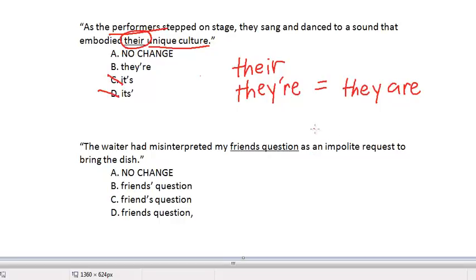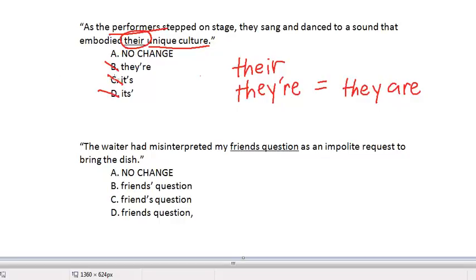So whenever you have a contraction, all you need to do is just plug in the full word into the sentence to see if it makes sense. So then we would get, as the performers stepped on stage, they sang and danced to a sound that embodied they are unique culture. That obviously does not make sense, so we know that option B is incorrect.